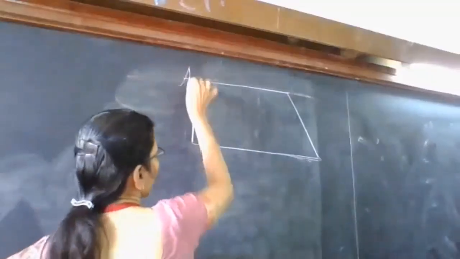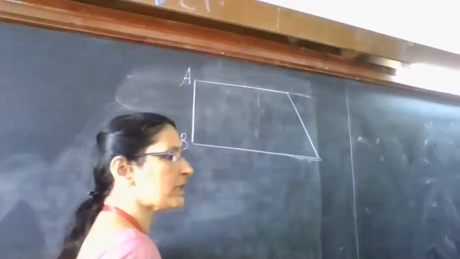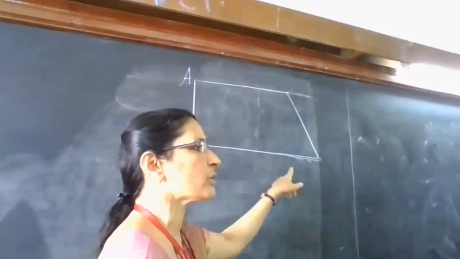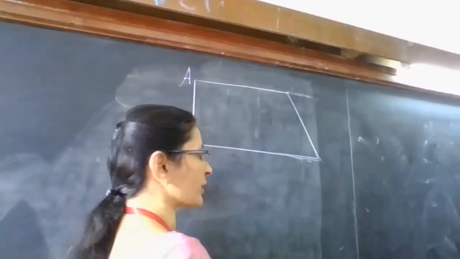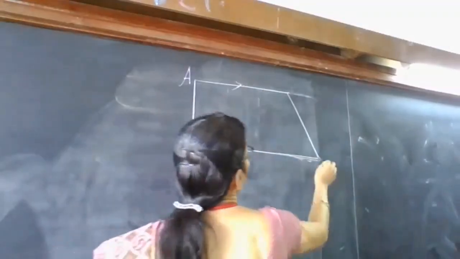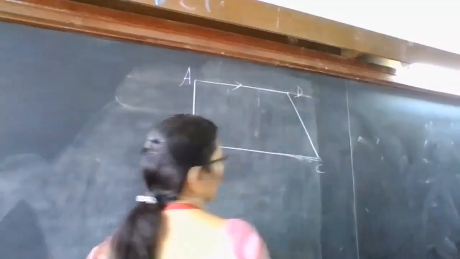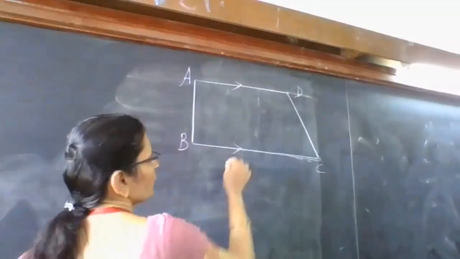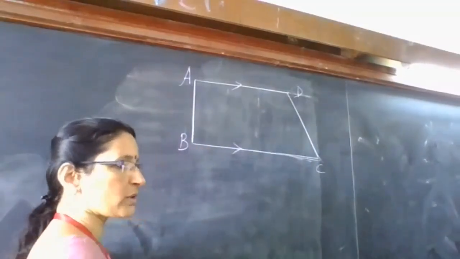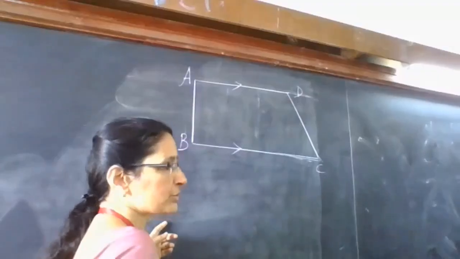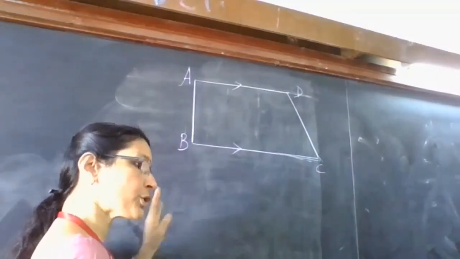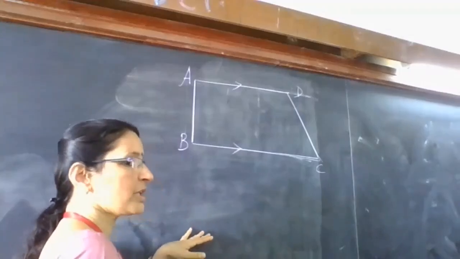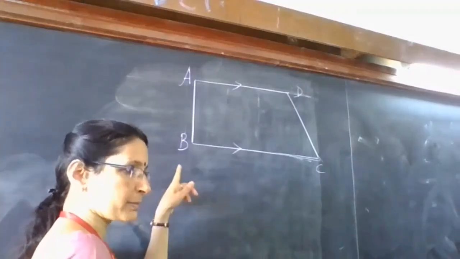So how to name is important. They have given A, B, C, D and they have clearly told AB is perpendicular. It is mentioned in the question that AB is perpendicular and BC is parallel to AD. That is also told. So even if the figure is not given, you should be able to find it. Clear? You should be able to do it yourself, drawing the figure by seeing the question.